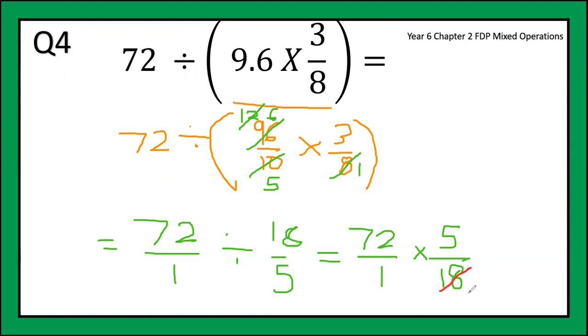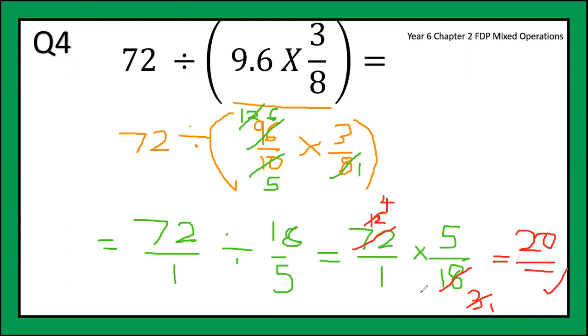So 18 divided by 6 is 3. 72 divided by 6, it's 12. Times table 6, 10 times 6 is 60, 66, 72. But again, this can further be divided by 3. 12 divided by 3, it's 4. 3 divided by 3, it's 1. So your answer is going to be 4 times 5, 20 over 1, which is just 20.